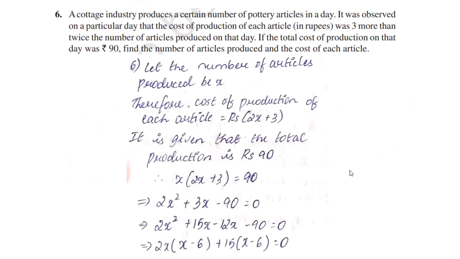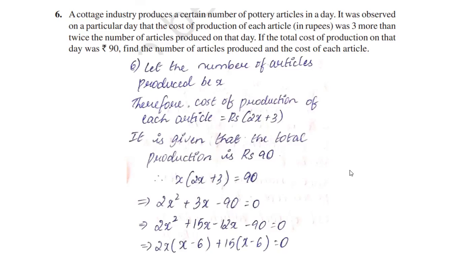Next question. A cottage industry produces a certain number of pottery articles in a day. It was observed on a particular day that the cost of production of each article in rupees was 3 more than twice the number of articles produced on that day.